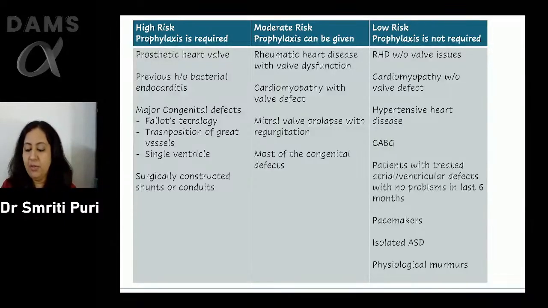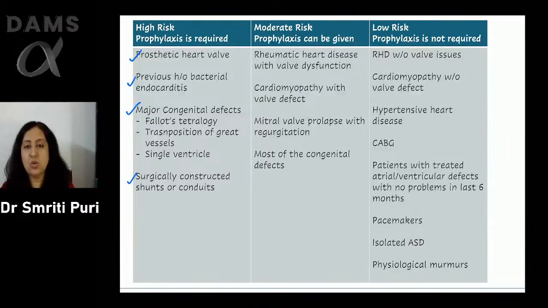Prosthetic heart valve, previous history of bacterial endocarditis, major congenital defects such as tetralogy of Fallot, transposition of great vessels, and single ventricle, or surgically constructed shunts or conduits. A very important example is when you create an AV shunt for a dialysis patient.